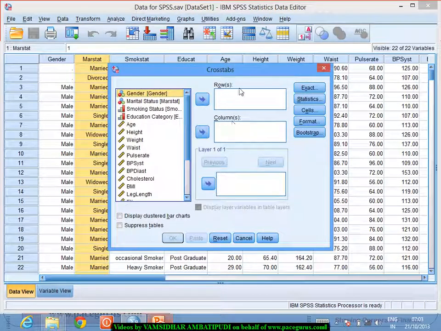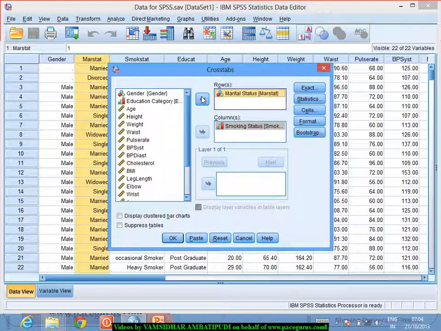Cross tabulation is asking for rows and columns. Smoking status I consider in columns, whereas the marital status I consider in rows. Doesn't matter, you can do it either way also.